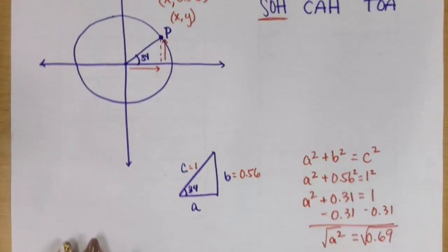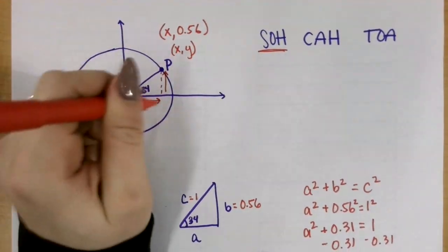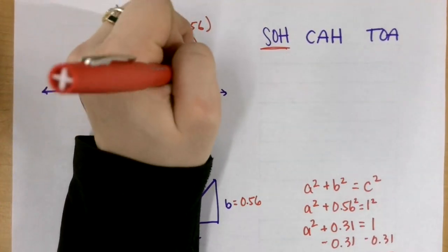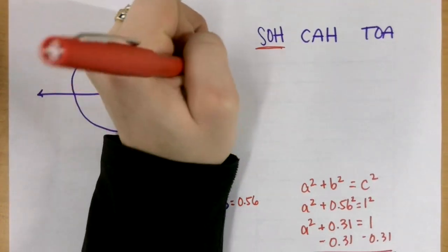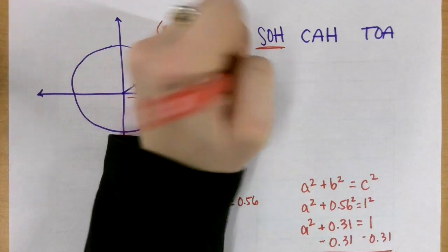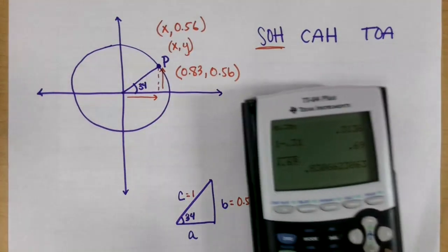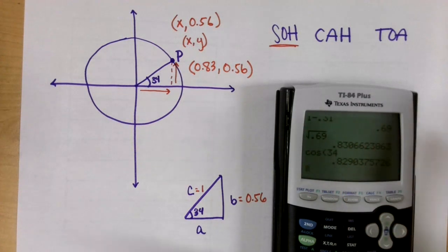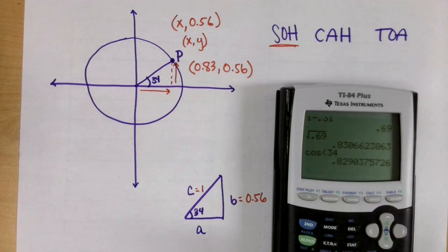So back up here, that means this distance here is 0.83. So my ordered pair then would be 0.83, 0.56. And we can do a double check here using our calculator. If I hit cosine 34, sure enough, I get 0.829, which rounds to 0.83.